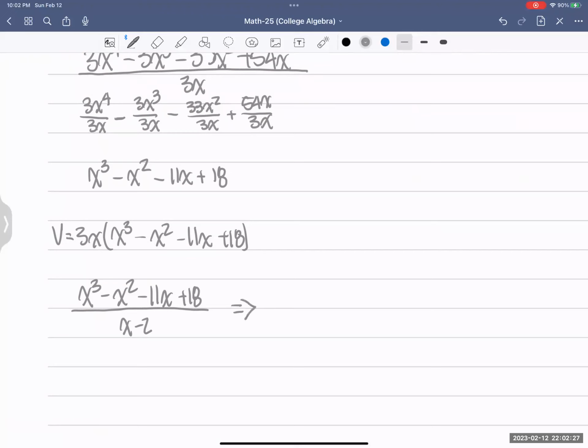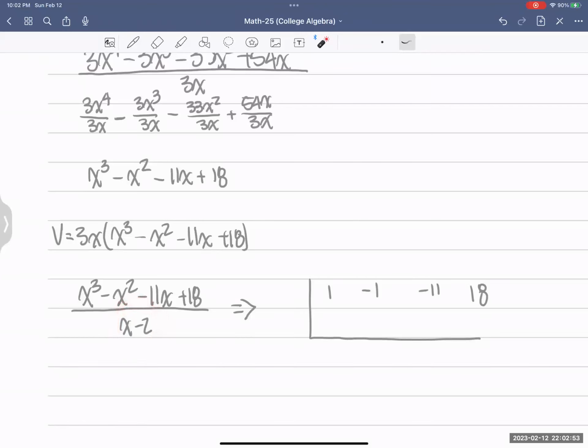So let's use synthetic division. Do we have a representative for every term? Our highest degree is x to the power 3, x to the power 2, x to the power 1, x to the power 0. Perfect. We could use synthetic division here. Grabbing just the coefficients, we have 1, -1, -11, and +18.